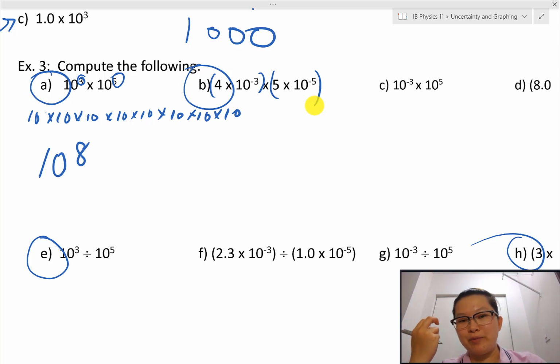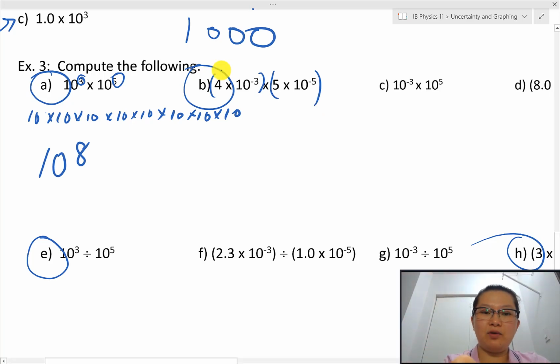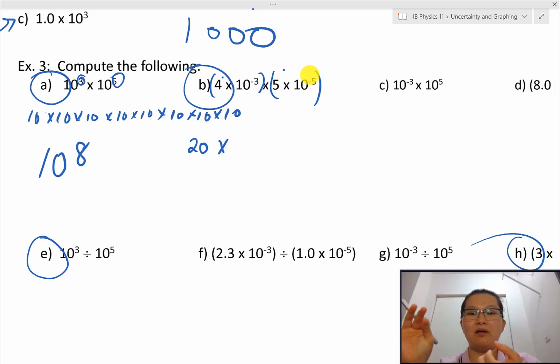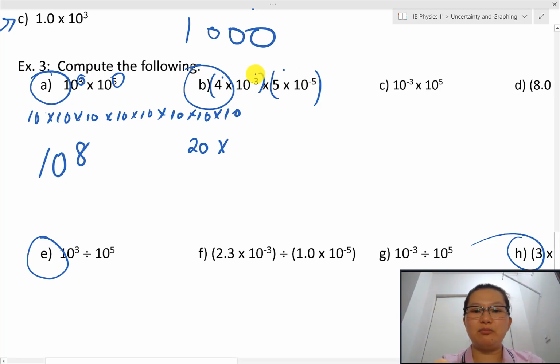The ones that will make my life easier are 4 and 5. What's 4 times 5? 20, you say. Yes. Next, we've got 10 to the negative 3 and 10 to the negative 5. If you're multiplying numbers that have the same base, we add up their exponents. Negative 3 plus negative 5 is negative 8. So that's 10 to the power of negative 8.